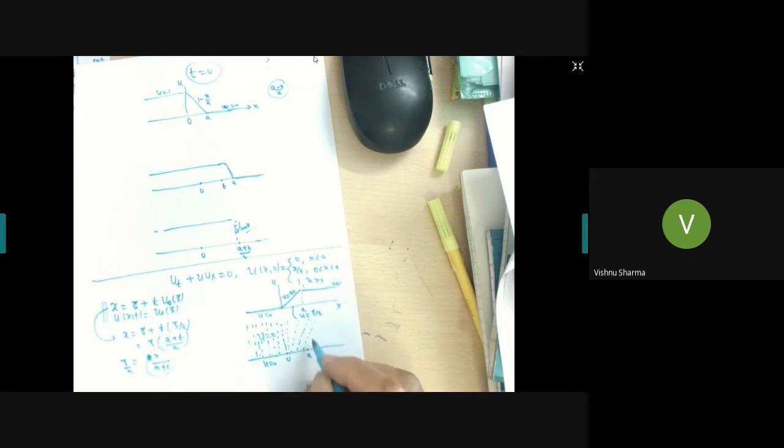Then they are straight lines after a. When this point is a, the characteristic will be a plus t times x by a.